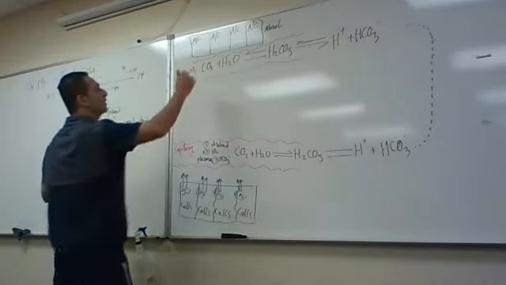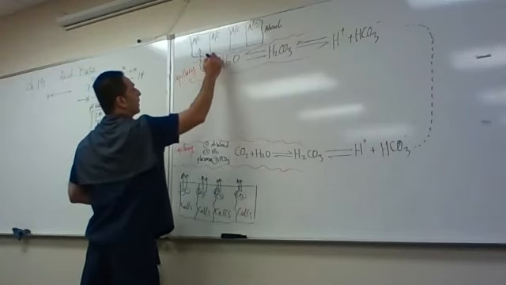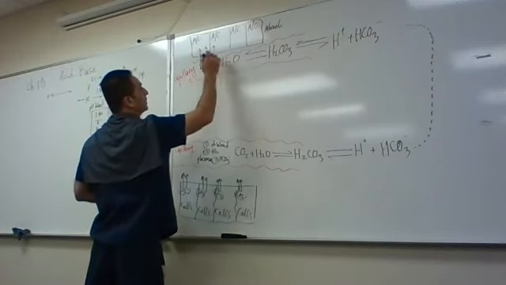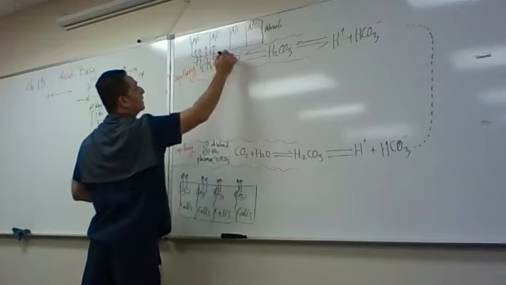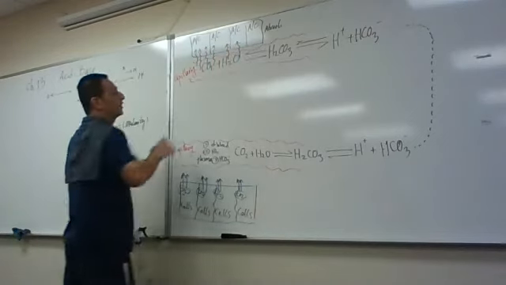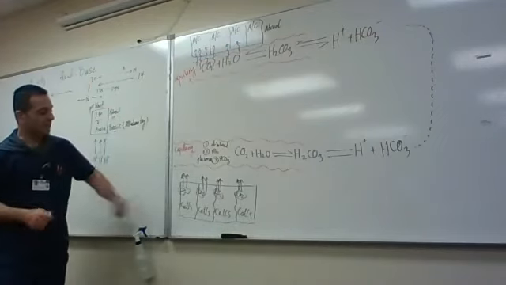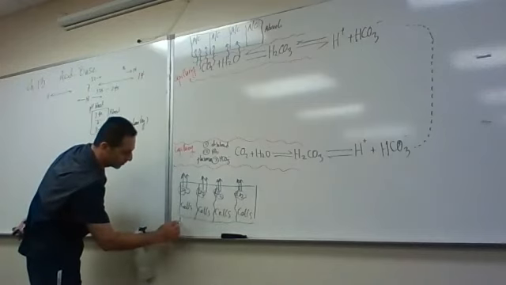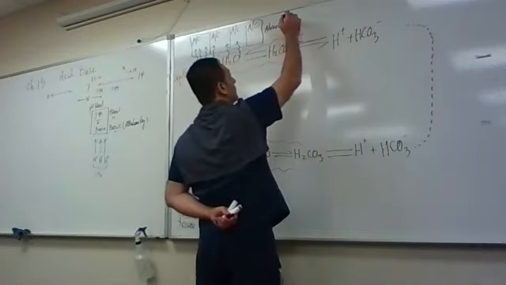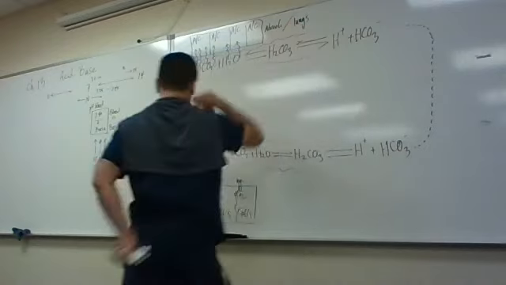At this point, the CO2 will start going out. Some of the water also goes out as well. So this is at the cells and tissue, and this is at the alveoli, and we are talking about lungs.